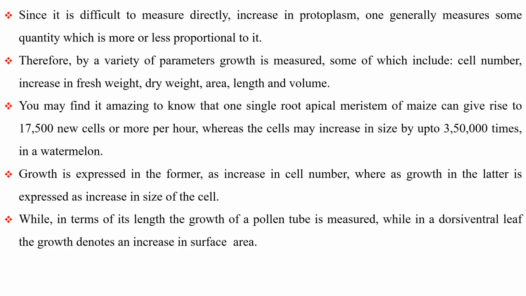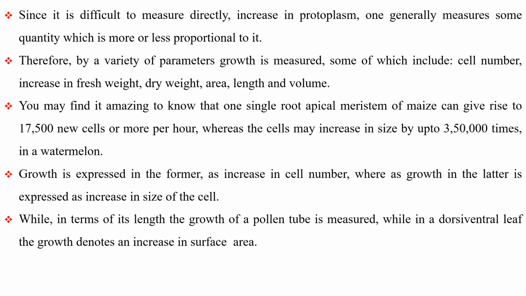You may find it amazing to know that one single root apical meristem of maize can give rise to 17,500 new cells or more per hour, whereas the cells may increase in size by up to 350,000 times in a watermelon.